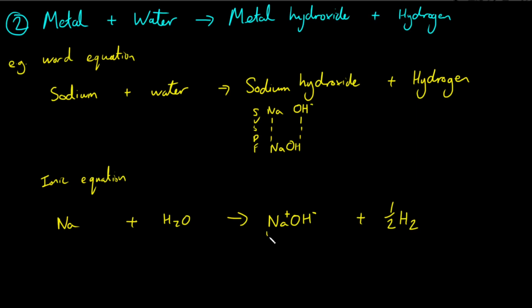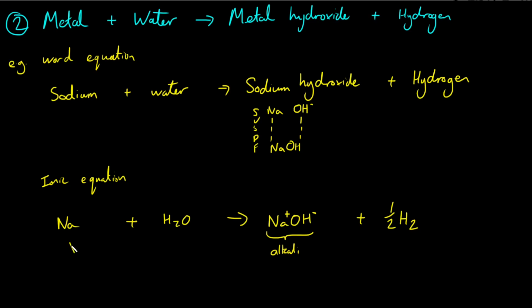Let's not forget though that that metal hydroxide is an alkali. And as I mentioned at the start of the video, not all metals can react with water. We'll know this already. If you think about copper or any other kind of common metals that you might have, they don't really react with the water.